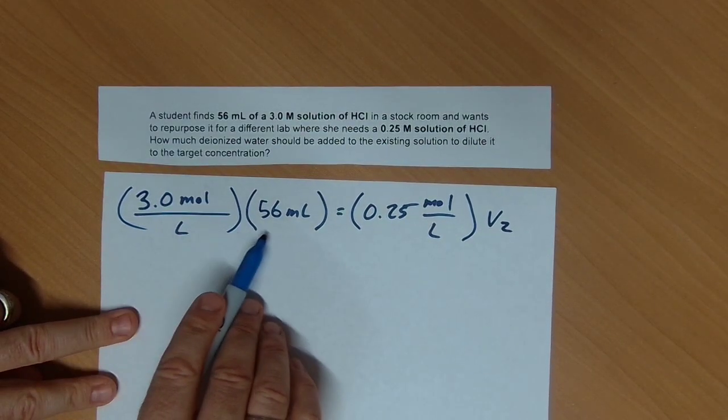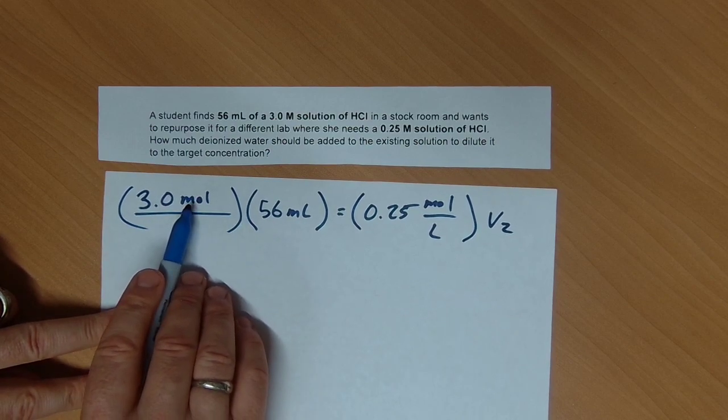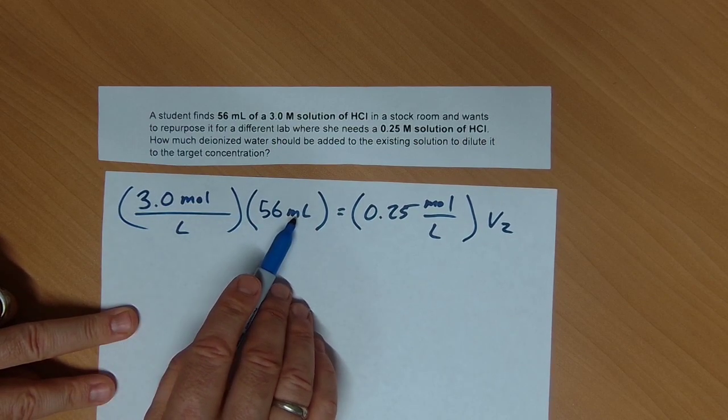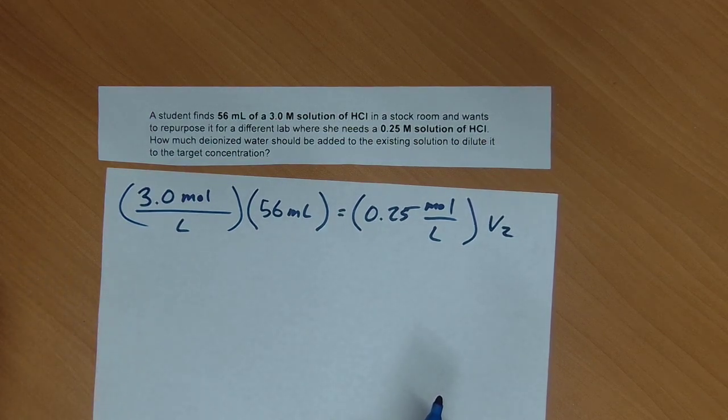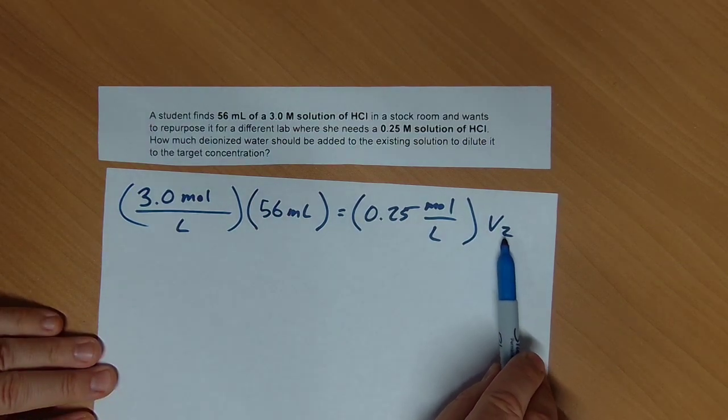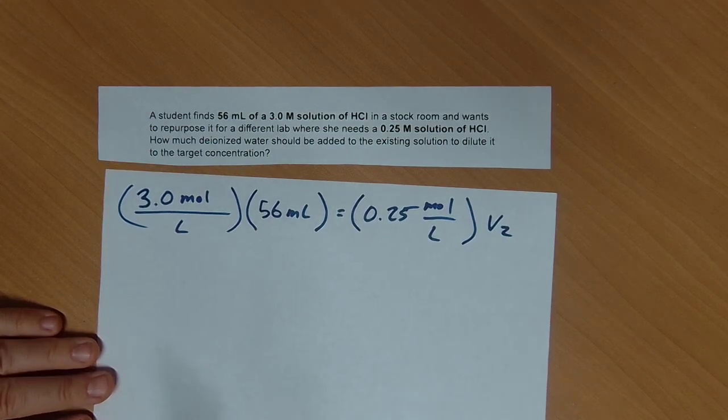If I look at my units over here, I have mole times milliliter in the numerator divided by liter. That's weird and not a very agreeable set of units. However, if I'm consistent, I will still have unit agreement. So in my case, this has to be in milliliters here.